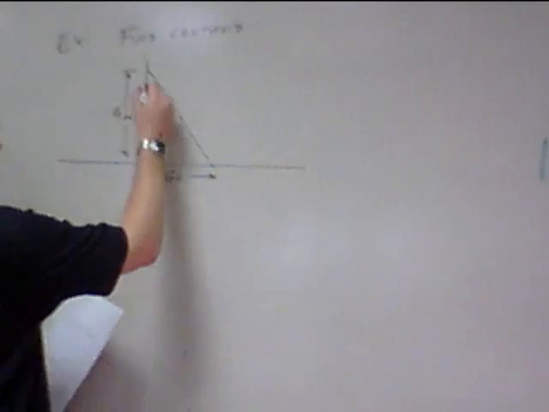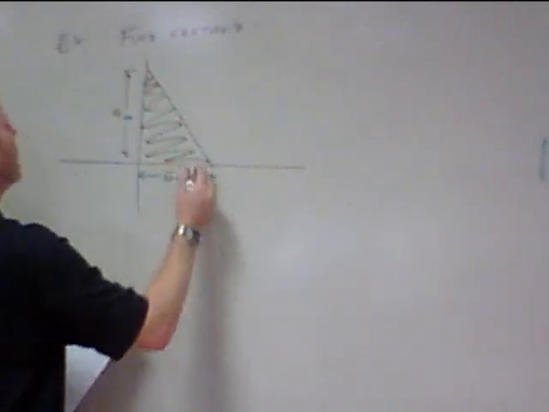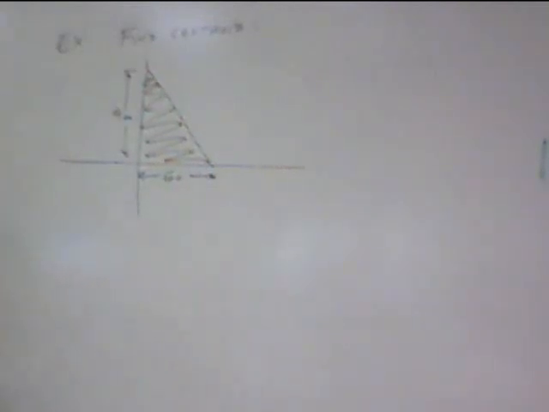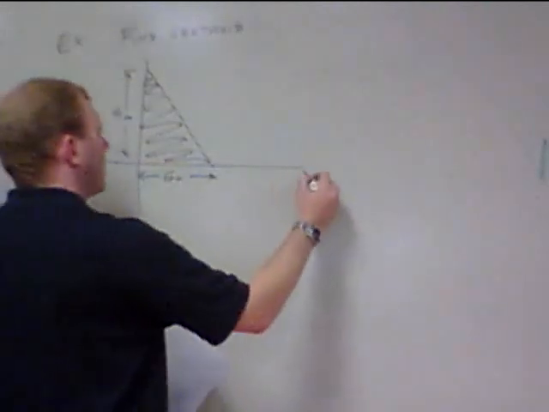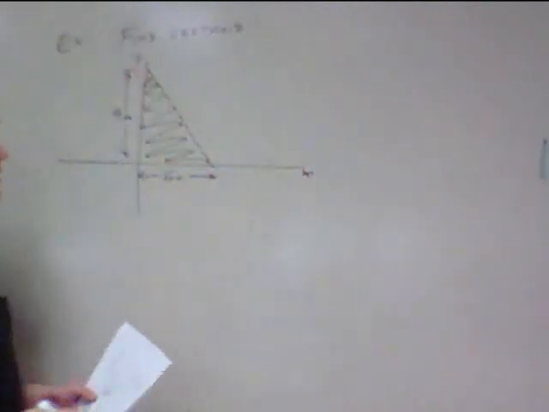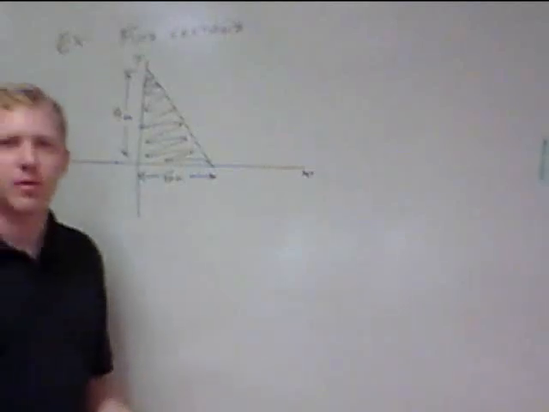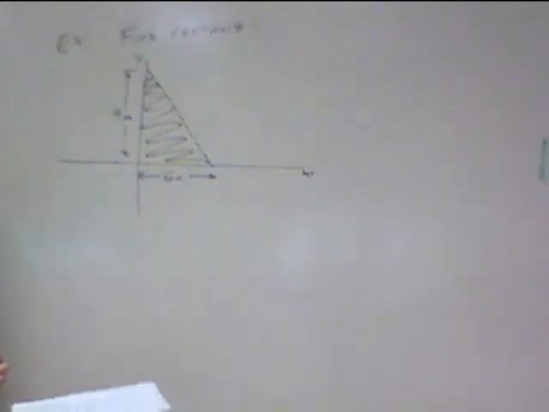Okay, and this is my rectangular solid. Now this will be my x-axis and y-axis, not surprisingly. This is a two-dimensional problem, so we are going to be working with a two-dimensional centroid equation.